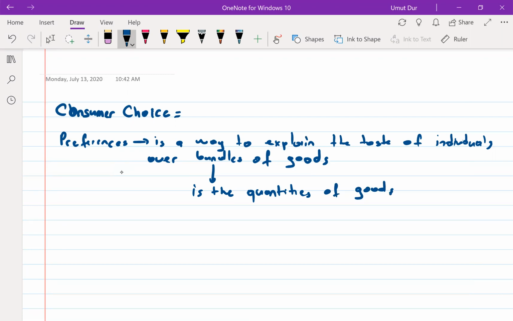So let's say we are in an economy which is composed of only two goods.